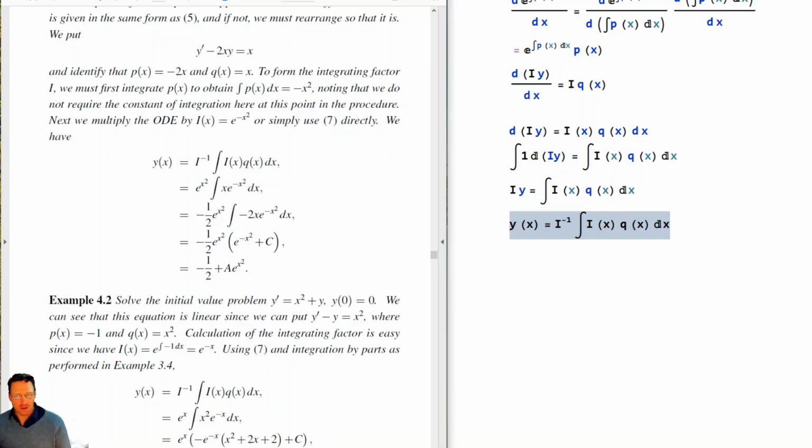Okay, so that gives us our general solution, but now we need to solve the initial value problem and use our y(0) = 0. So our next step is to sub in x = 0 and y = 0. Subbing in 0 for x gives us 0 here, we have −2 here, and over here we have c times e^0, which is just c.